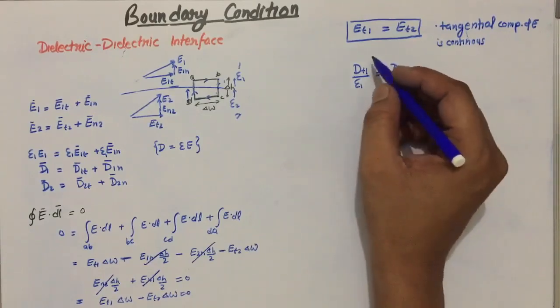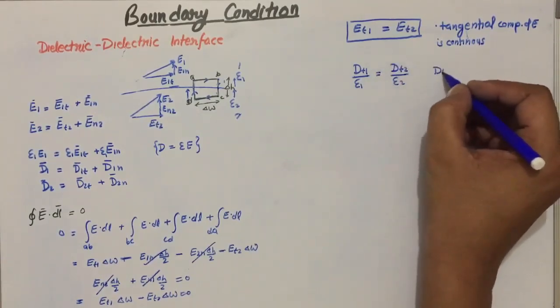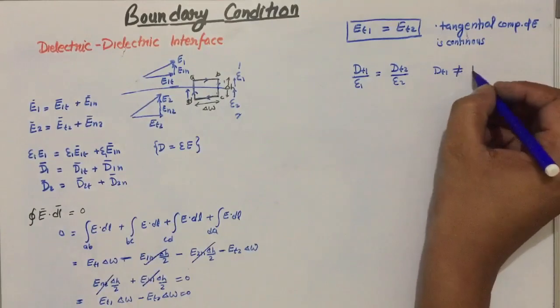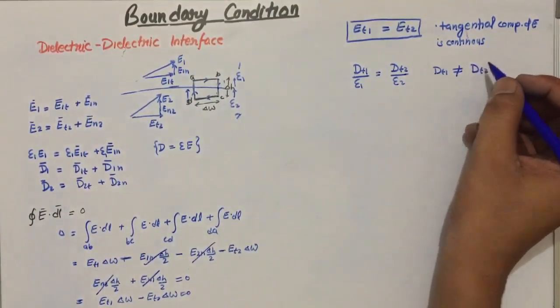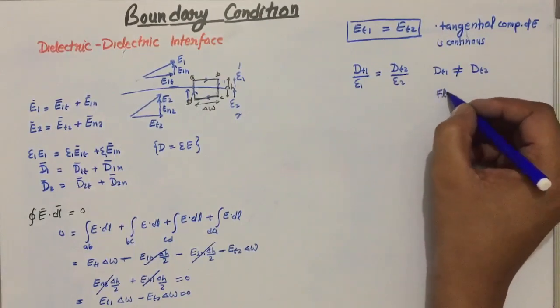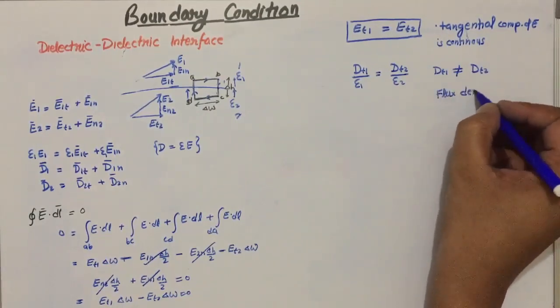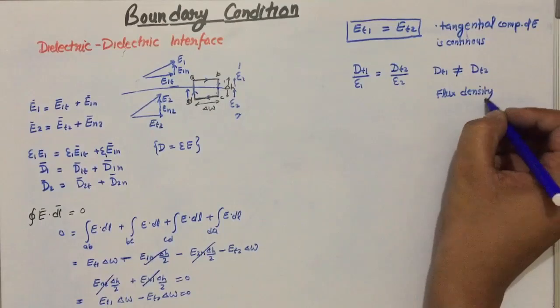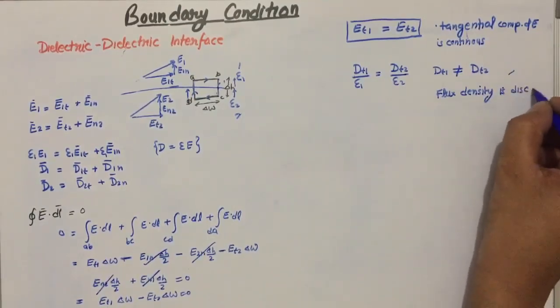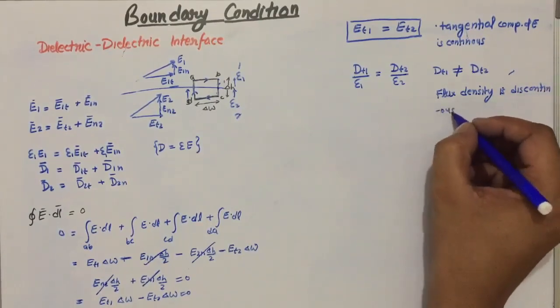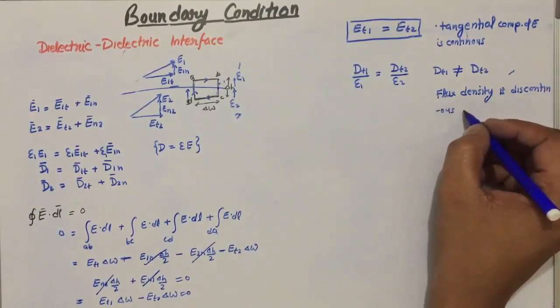From here what you can say, Dt1 and Dt2 are not equal. It means the flux density is discontinuous at the boundary.